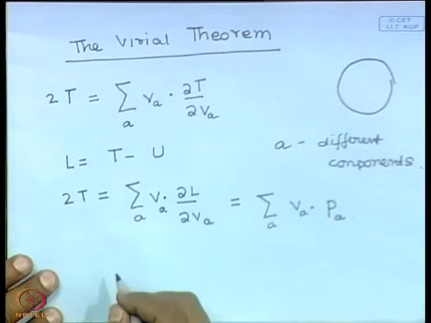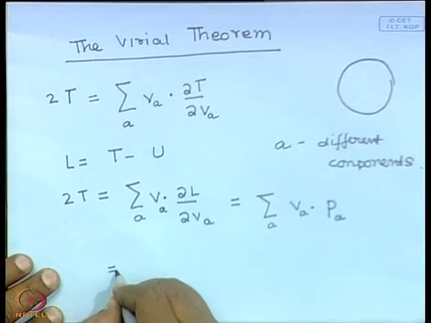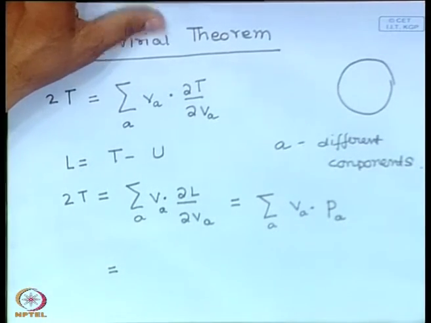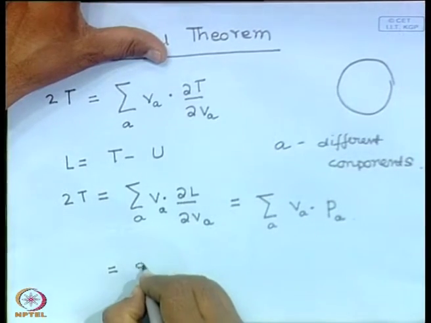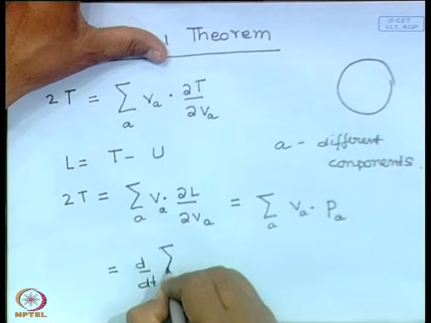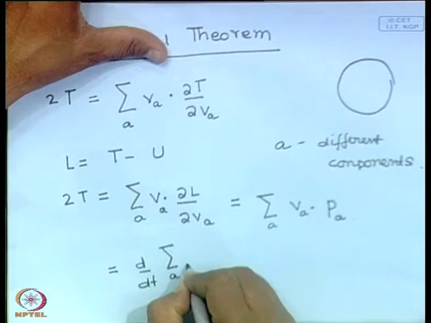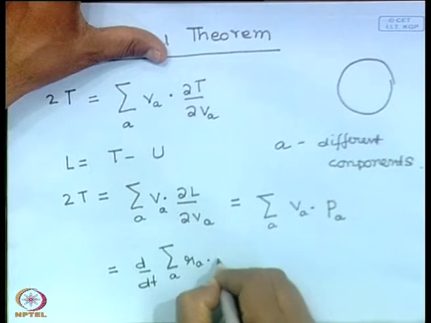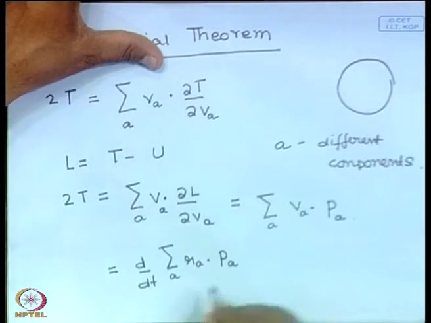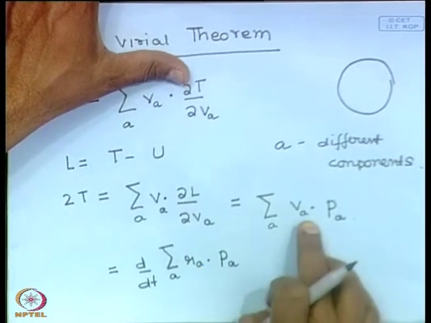Okay. And this can be written as a sum of two terms. Now, we can write it as d by dt of the sum over A of r_A dot p_A. So, I can differentiate r, I will get back this term.